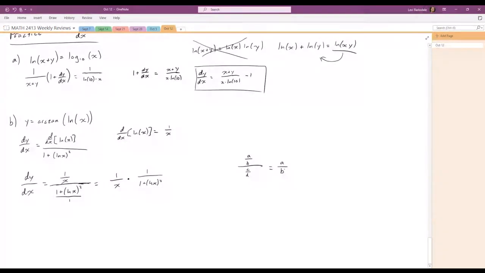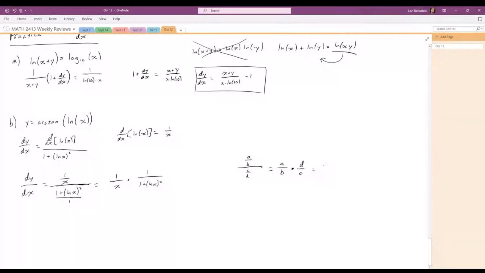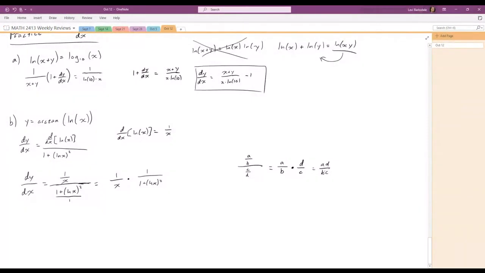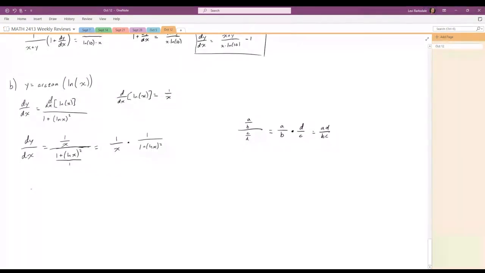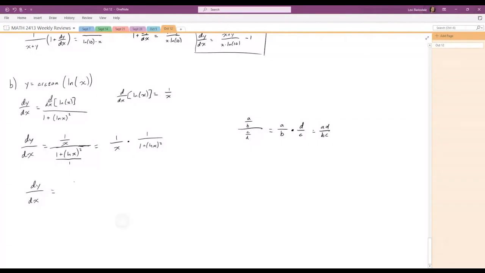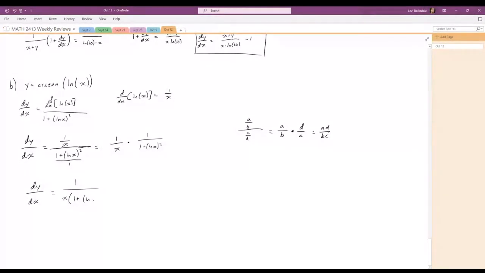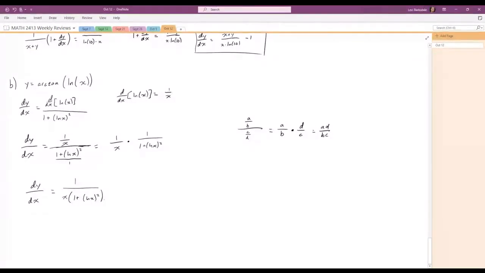You take a over b, and then you multiply by, flip the denominator. And this is really the way I think about fractions and fractions, because dividing fractions is hard. So I like to avoid it and turn it into multiplication. So then, as a final answer, we get 1 over x times 1 plus the natural log of x squared.